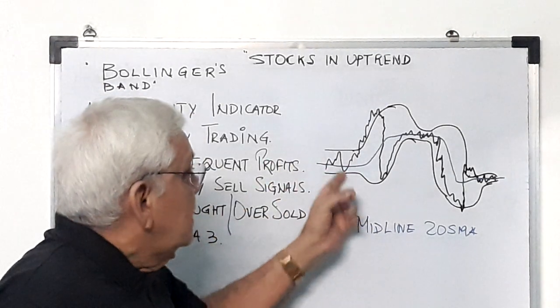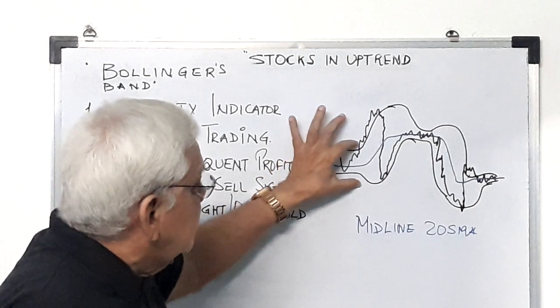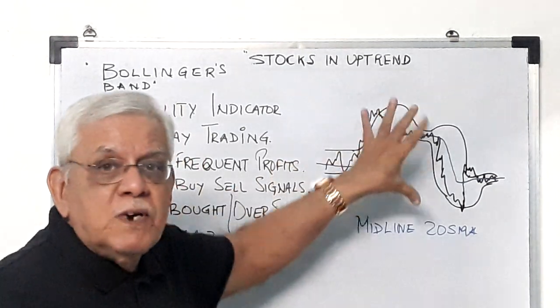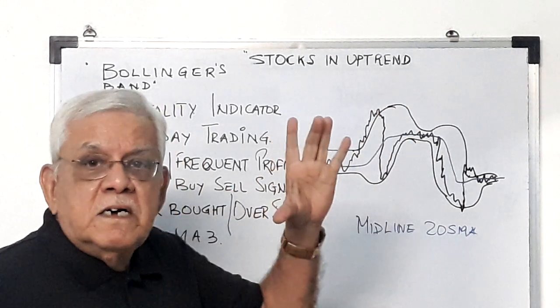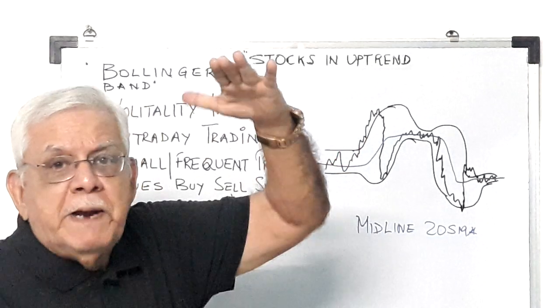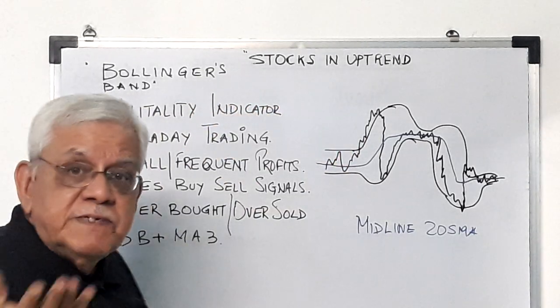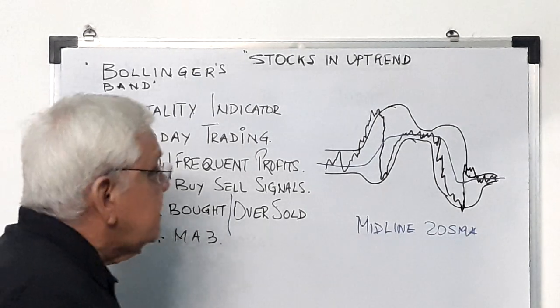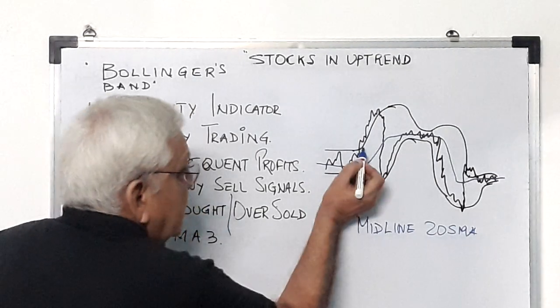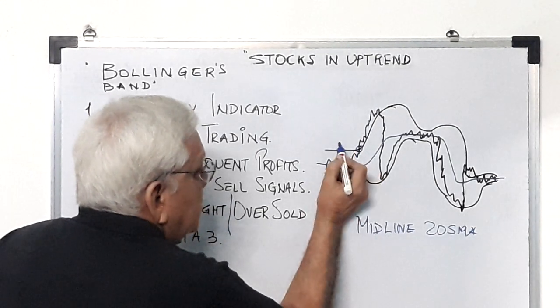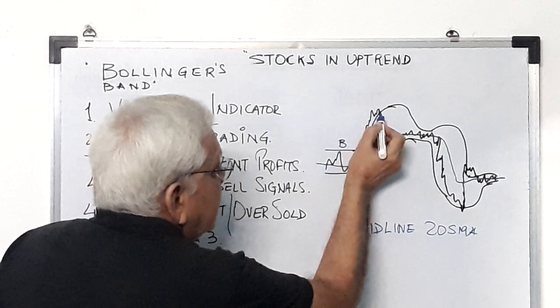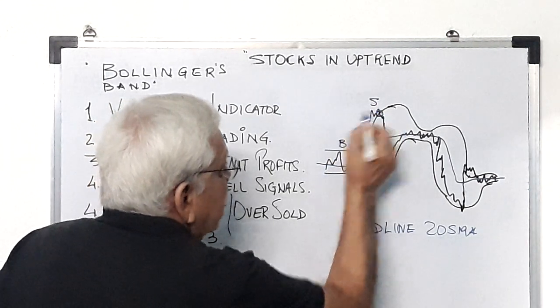Now, what has happened is all of a sudden buyers have come and the band, because of volatility, has expanded like a balloon. So now where is the activity? The activity is here, buy, and here it is sell.